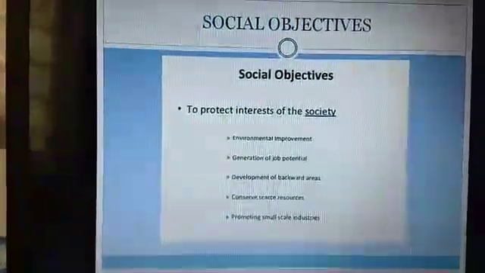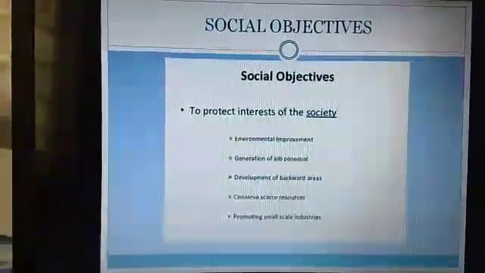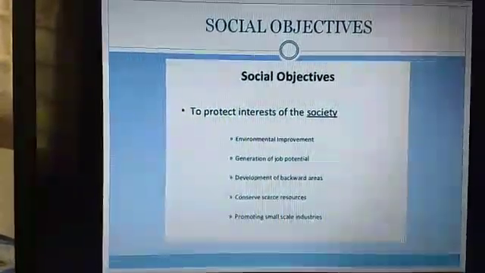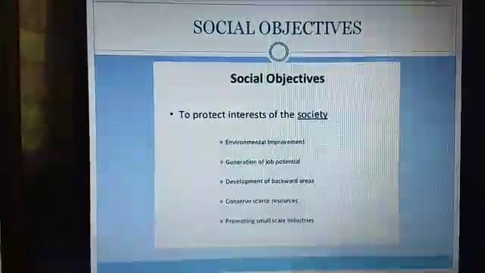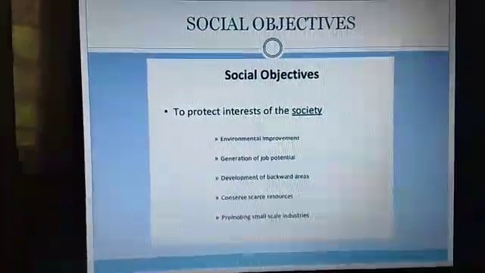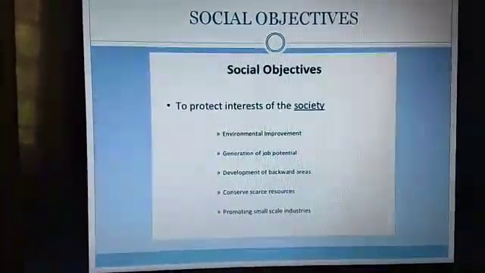Apart from these points, there can be even more points, like providing good quality products, not adulterating products, and not misleading the consumers by any kind of fake advertisement.